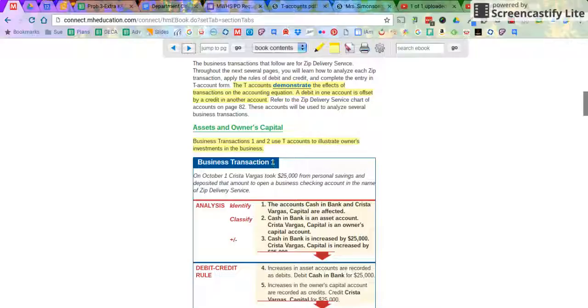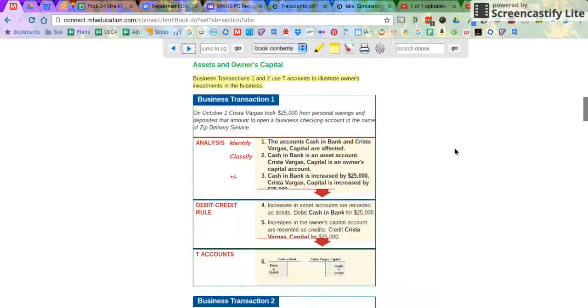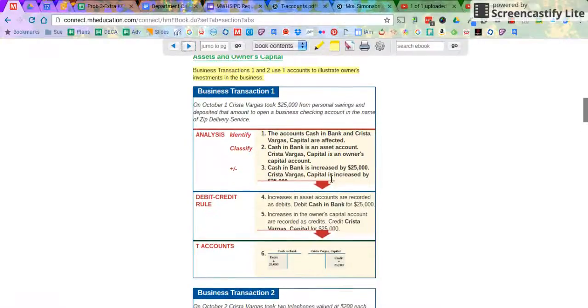These first two transactions are assets and owner's equity when the owner is investing. Our first transaction that we always do: Krista Vargas took $25,000 from her savings and put it into a business account and started Zip Delivery. From chapter 3, we know that we have cash and capital. Cash is an asset. Capital is owner's equity. They are both increasing by $25,000.